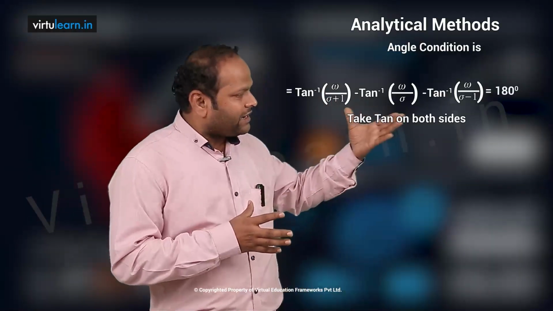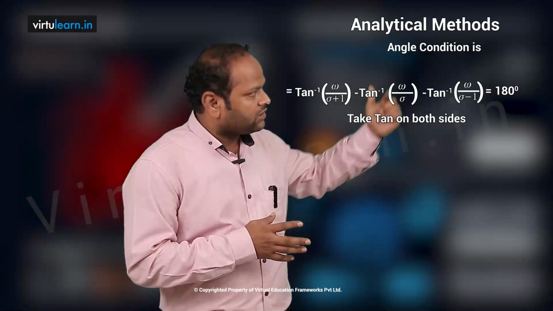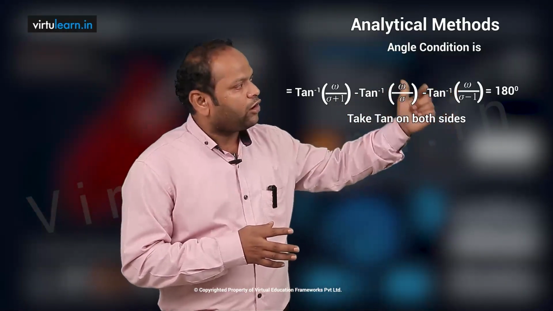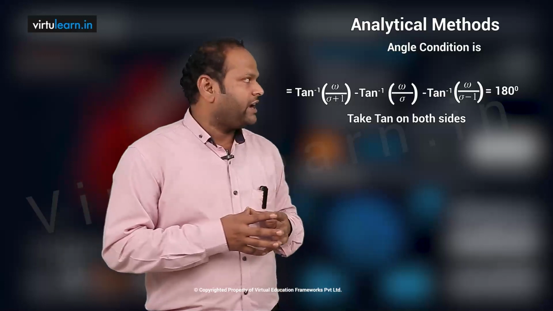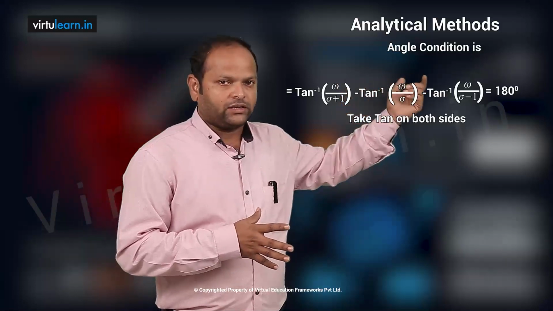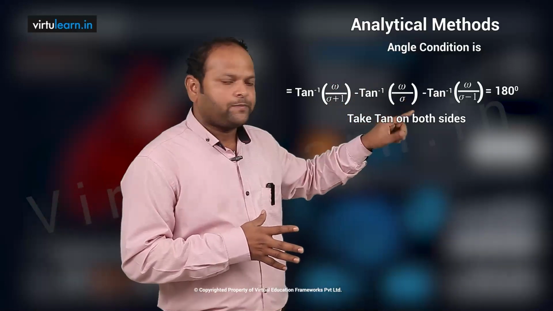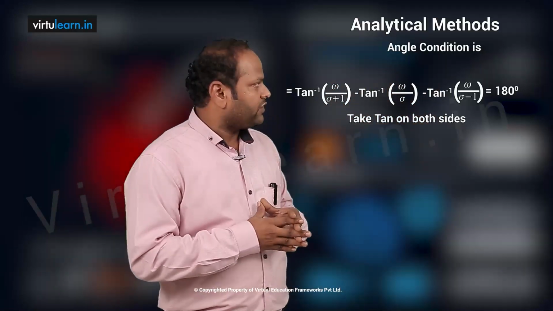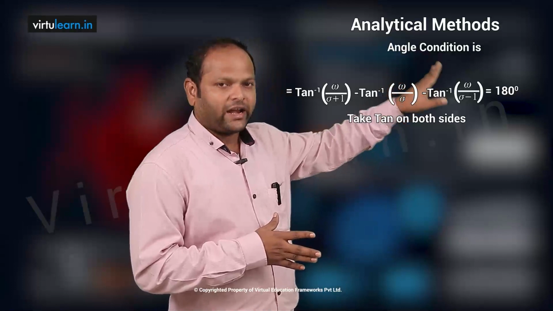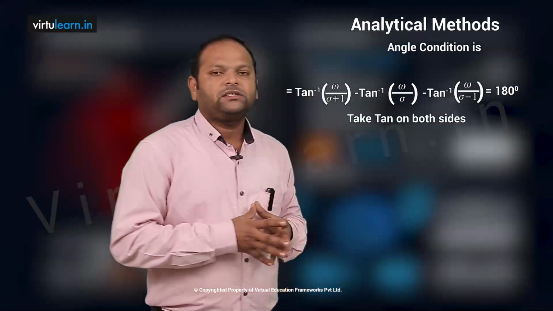When you take the tan on the left side, for the first two terms I am going to take tan, then the third one again tan, and after the equation for 180 degrees I am going to use tan. So when you do that, this will be tan of (a minus b), so it will be (a minus b) divided by (1 plus ab). Tan of tan inverse of something will give that something, and tan 180 is 0.